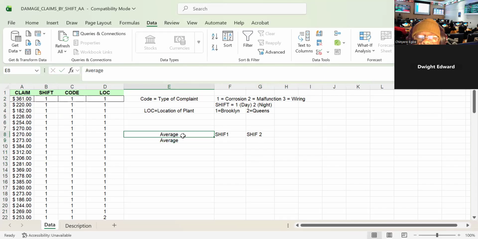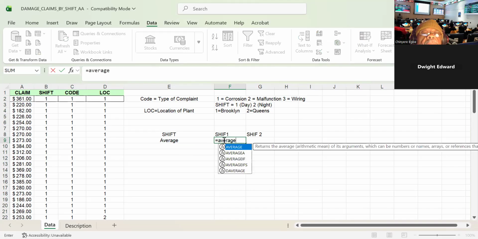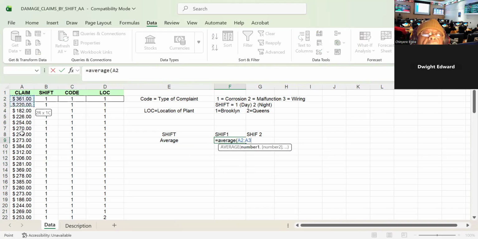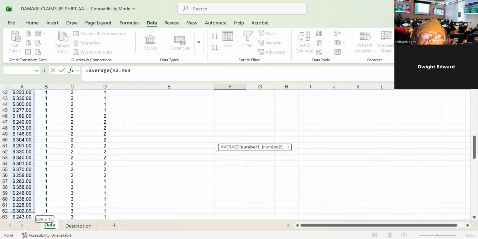You calculate the average for shift 1 all the way down.